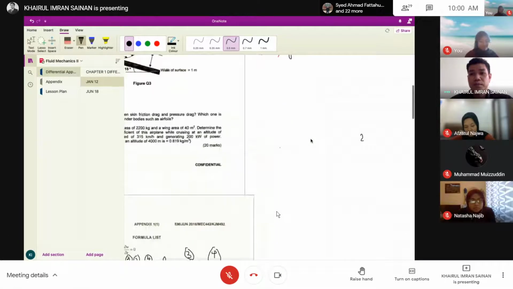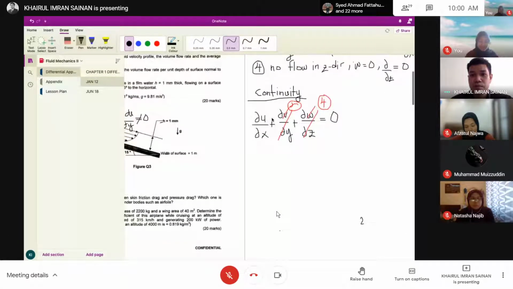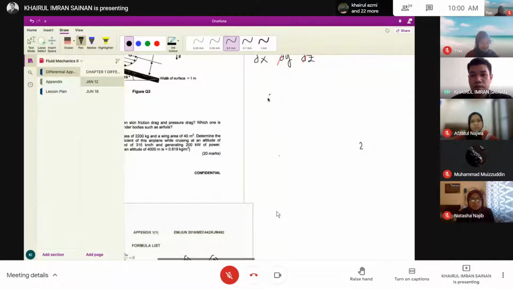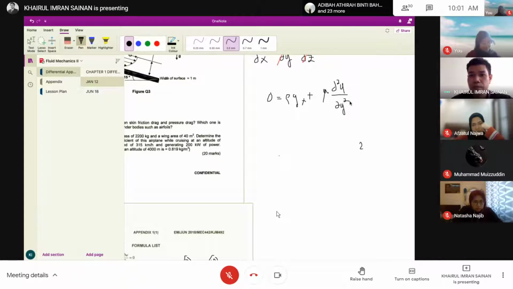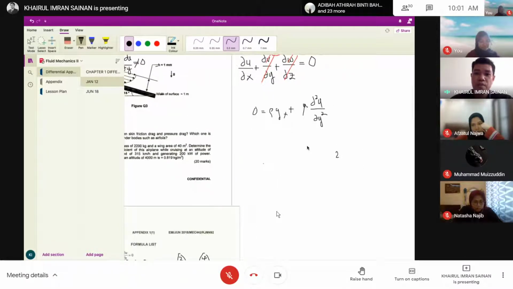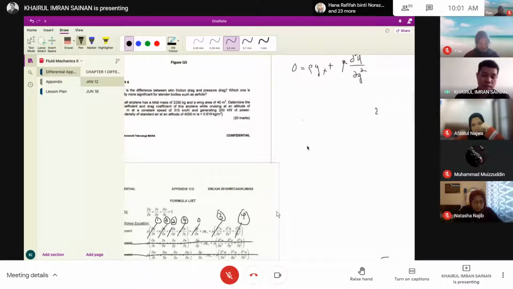So now your equation becomes 0 equals rho G X plus mu del squared U over del Y squared. So slightly different from your previous problem. Alright, so that's all. So we continue on Tuesday.